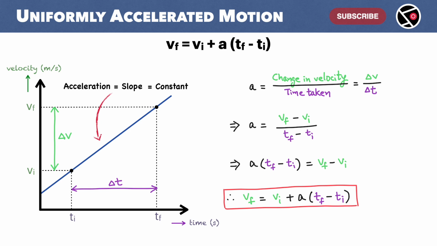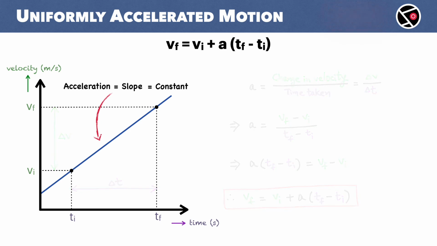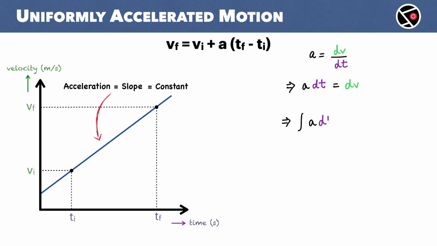Let's prove this again using calculus. Acceleration at any point on this plot is simply dv by dt, or integrating both sides. Integral of a dt from ti to tf equals integral of dv within limits of vi and vf.